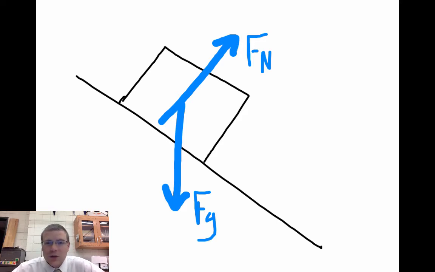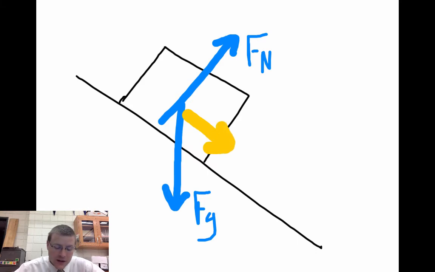If I want to determine how the object is actually going to move here, the object is going to accelerate. What I need to do is determine the net force, and if my net force is balanced or unbalanced. Looking at this scenario, I can see a force up and to the right and a force straight down. I can already see and visually tell that there must be some net force down the hill.